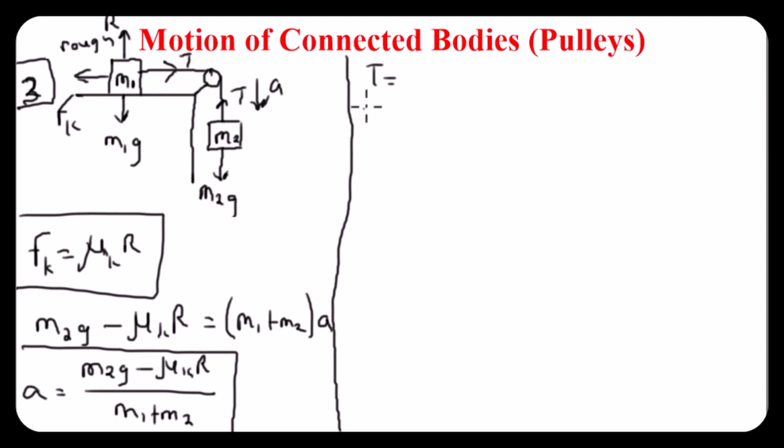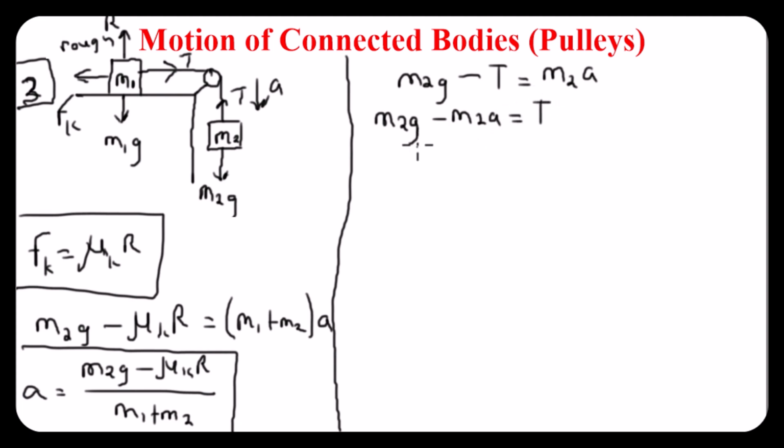So taking the mass M2, we have M2G minus T, and this will be equal to M2 of A because my object is accelerating. After writing this, I can take the tension to the other side and bring M2A to the left-hand side. So we have M2G minus M2A, and this will be equal to the tension.